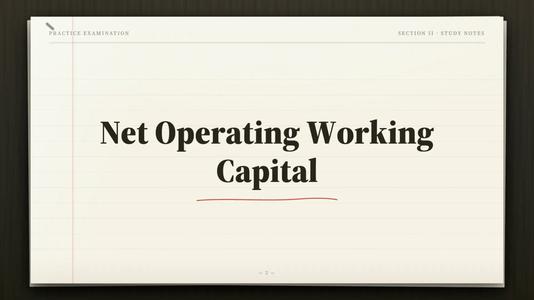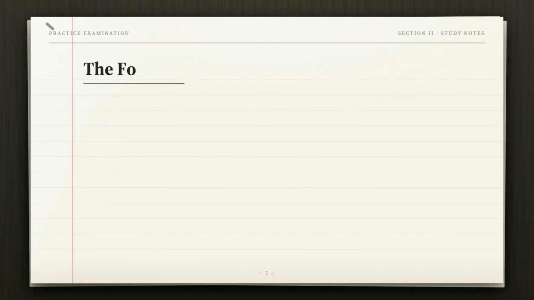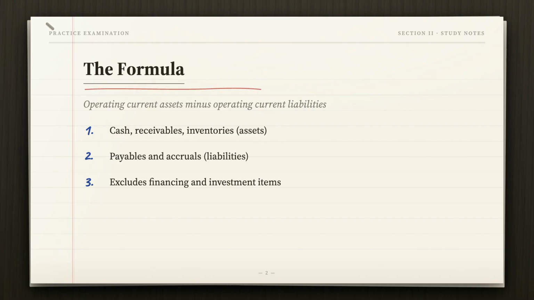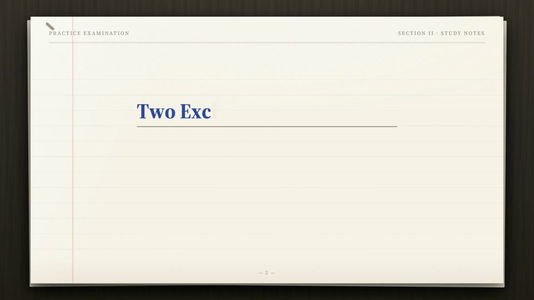Net operating working capital narrows the lens to operations alone, asking how much capital the core operating cycle itself ties up once financing and investment sideshows are stripped away. The formula is operating current assets minus operating current liabilities, where operating current assets are cash, accounts receivable, and inventories, and operating current liabilities are accounts payable and accruals.